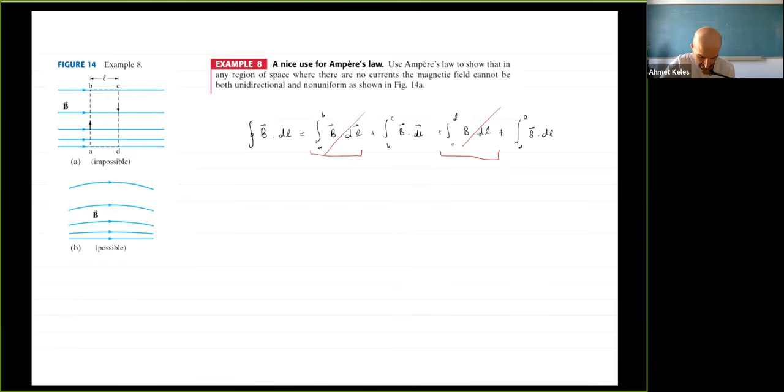Then this thing is going to be equal to A to B, B dot dl plus D to A, B dot dl. But along these paths, B is constant. So I can take it out of the integral and then multiply this with L to get the integral.